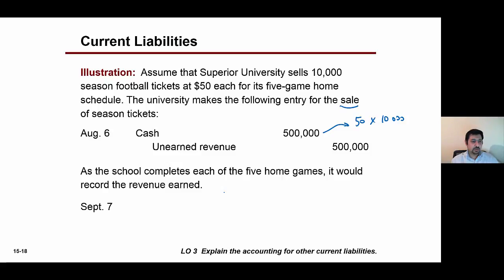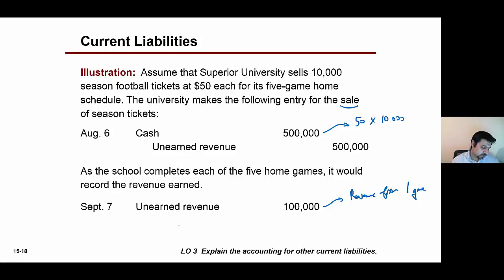Now, as the school completes each of the 5 home games, after each game the university will recognize the revenue of that game. So at this point, it will debit unearned revenue 100,000. This is for one game. Then it will credit ticket revenue 100,000.